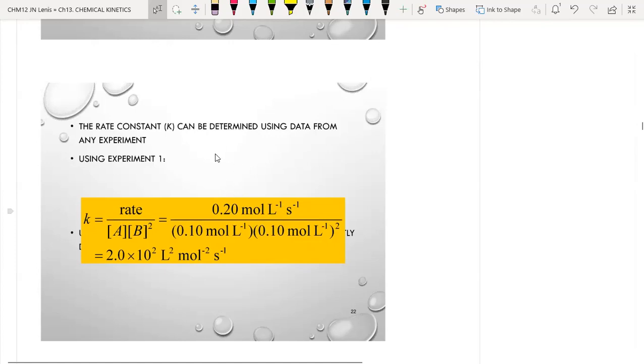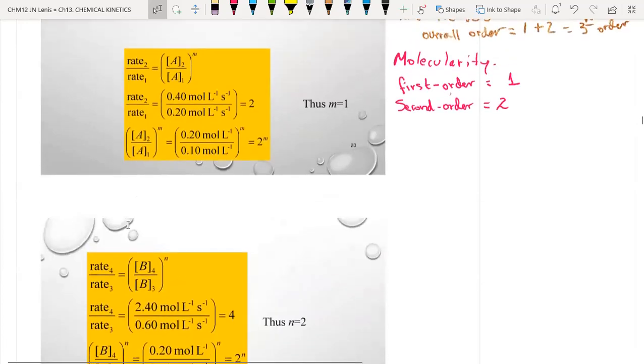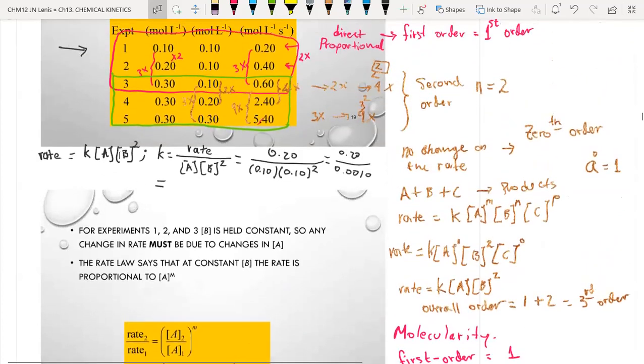So let me show you this. We just did the numerical value of k. Look, I show you back here. This is what I did. Just plug in the numbers only, not the units, because I like to do it separately, right?